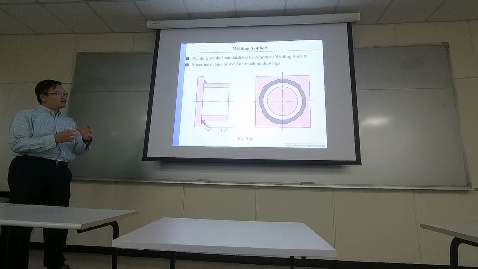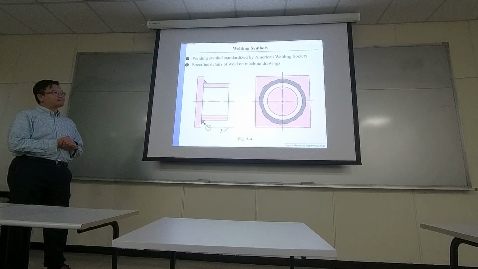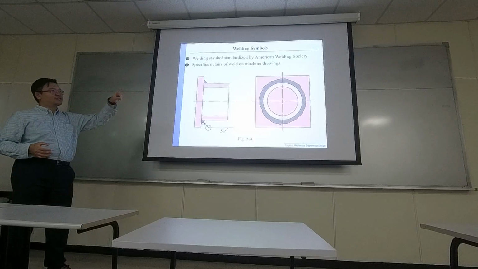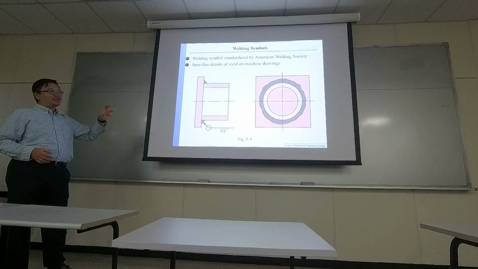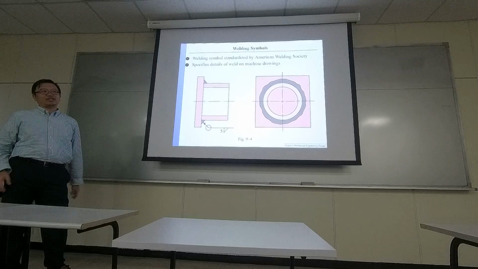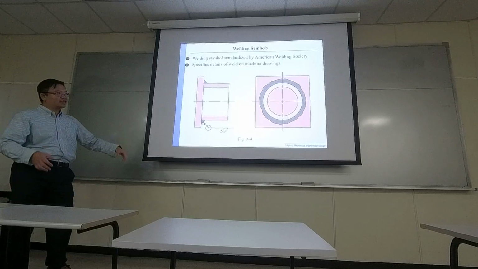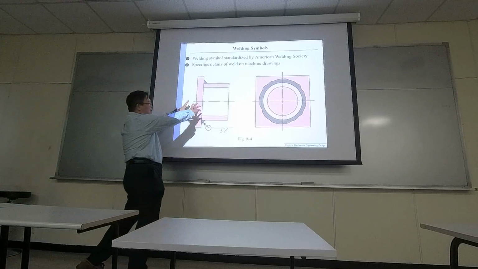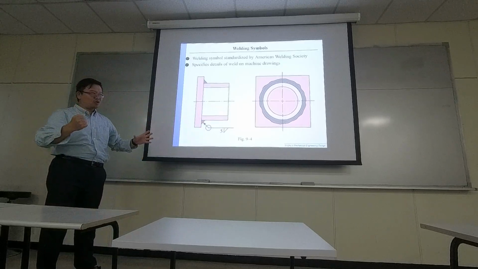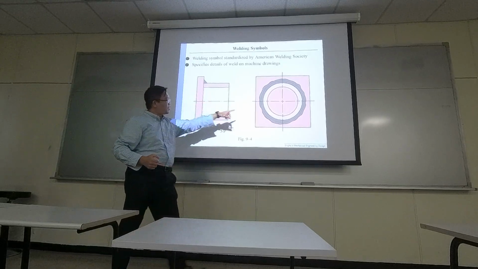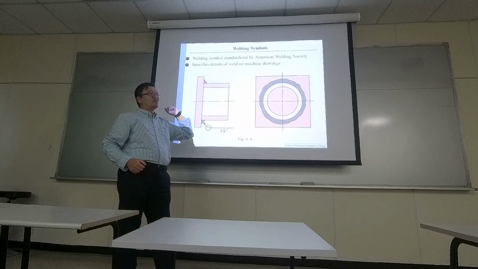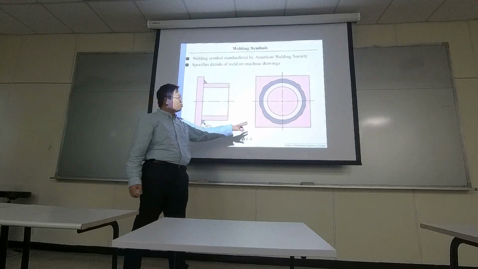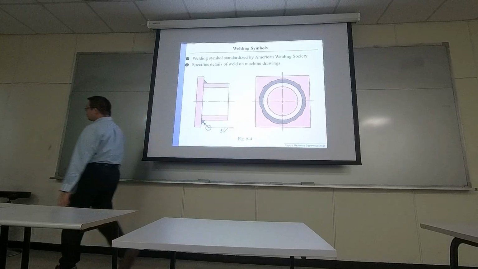However, if you weld the geometry in an inappropriate way, maybe when the component is carrying some loads, some area inside the welding material carries more loads, so you may have failure. Okay.